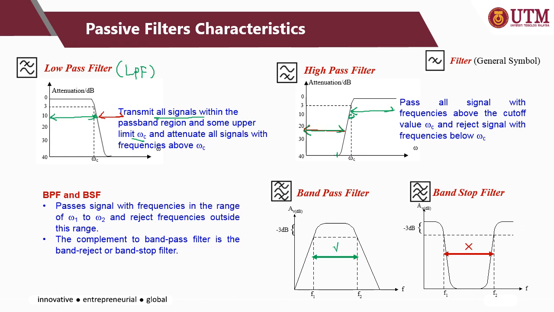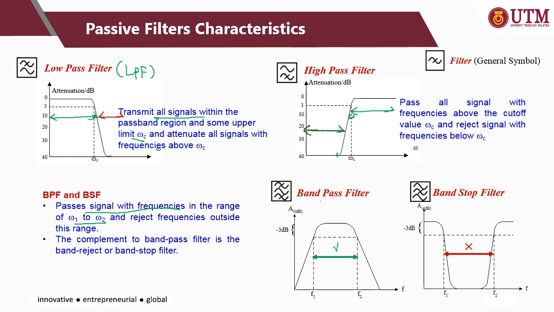And next is the band pass and band stop filter. The band pass filter passes signals with frequencies in the range of omega 1 to omega 2, or from f1 to f2, and rejects frequencies outside this range, while the band stop filter is basically the complement of the band pass filter, where it rejects the signal within the specified frequency band between f1 and f2.